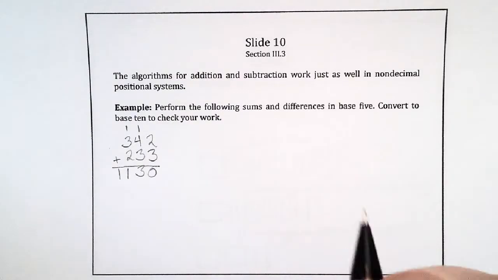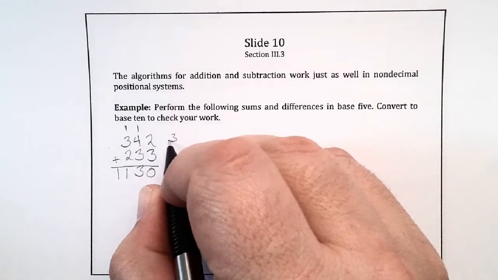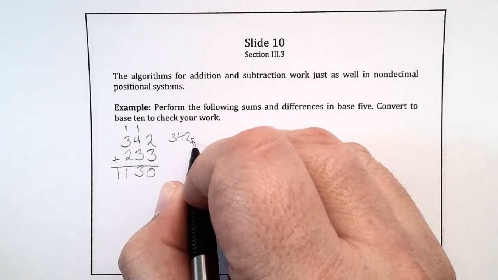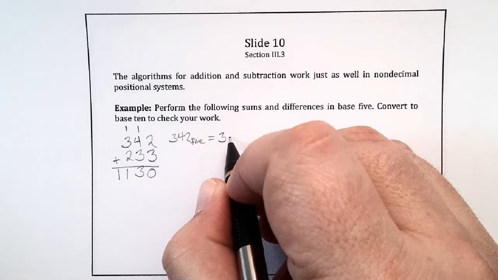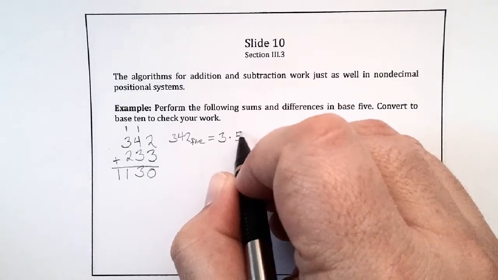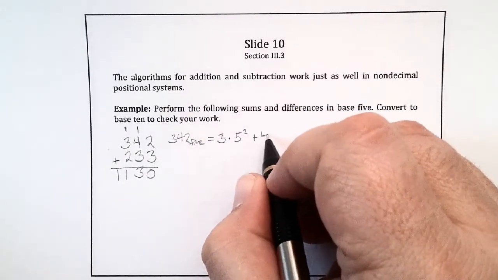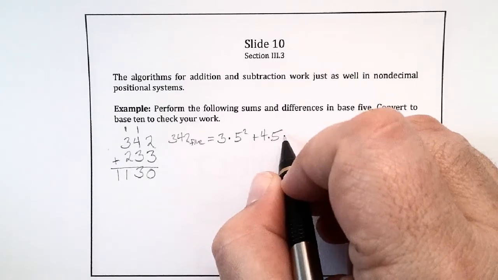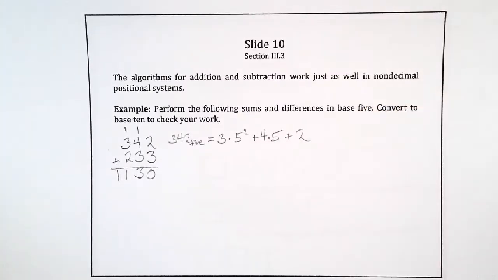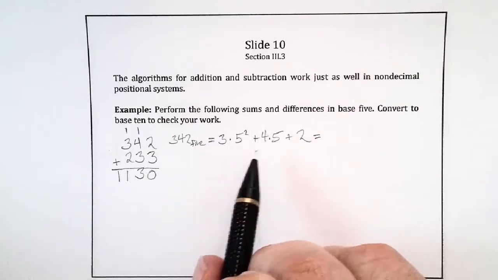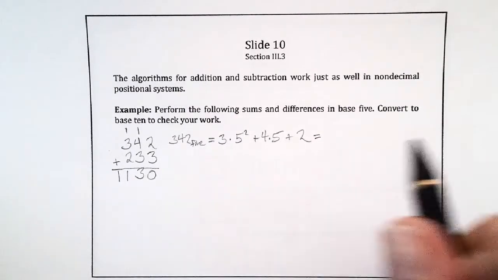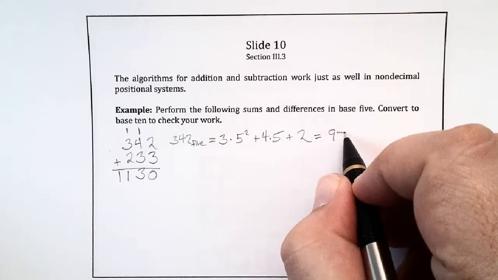Now let's check our work. 342 base 5 is 3 times 5 squared plus 4 times 5 plus 2. So let's see, we have 75 plus 20 is 95 plus 2 is 97.